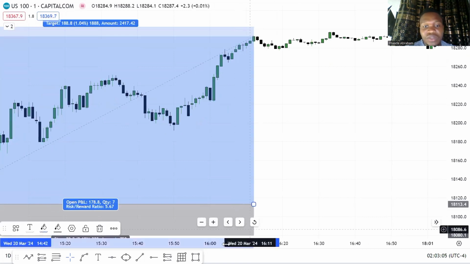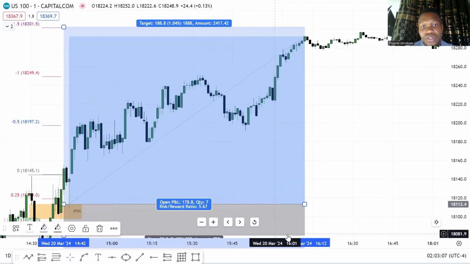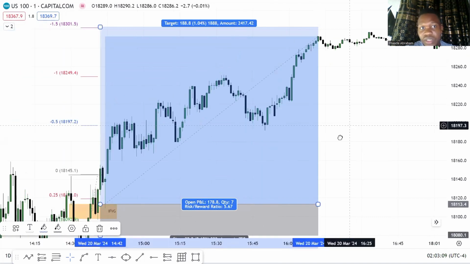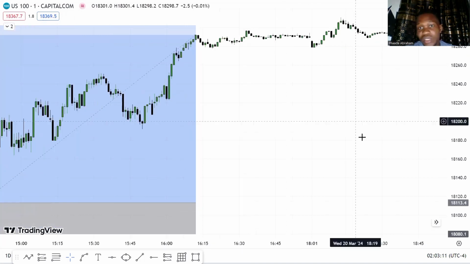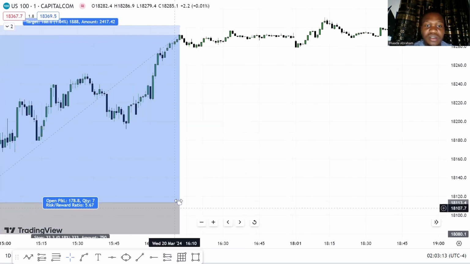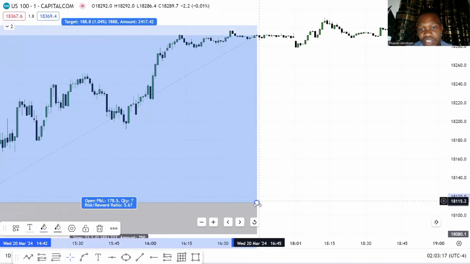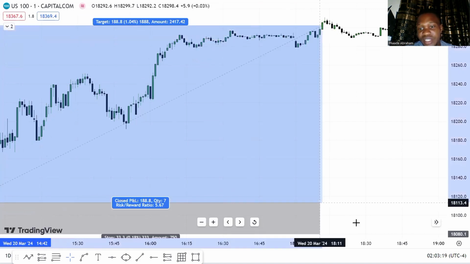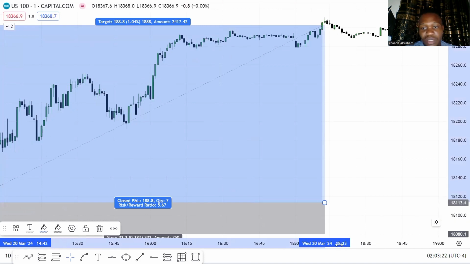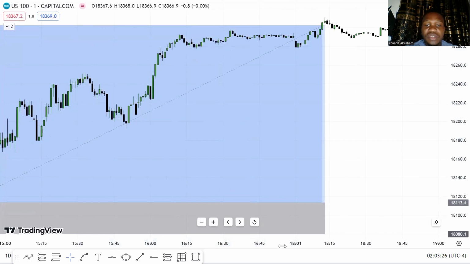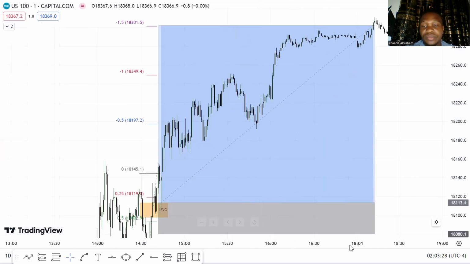So I think this would have been a good trade already. So we closed from there because the market is almost clean. But the target was already reached by 6:30 New York time. So that would have been a beautiful trade.